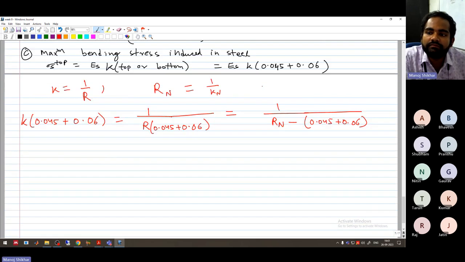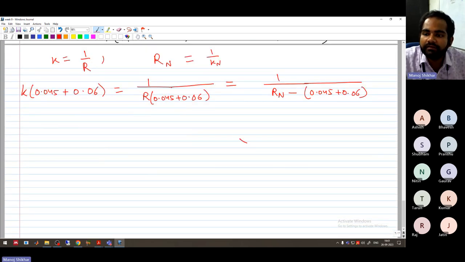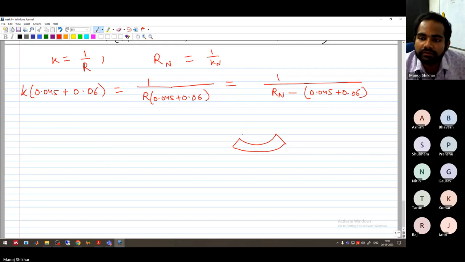So here the assumption I am taking is that our beam bent like this.